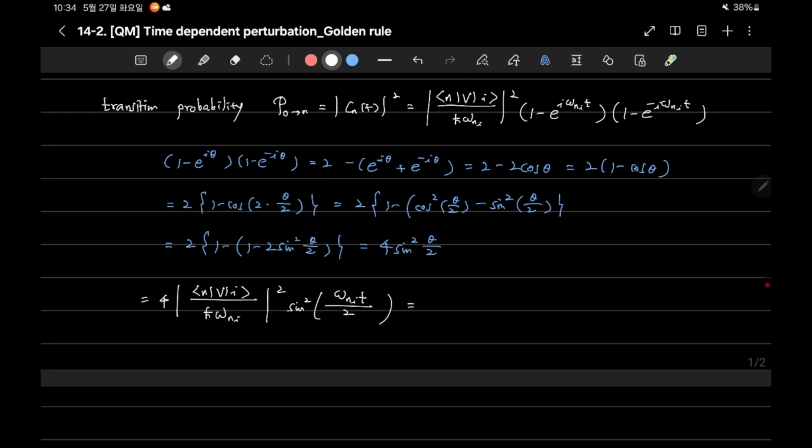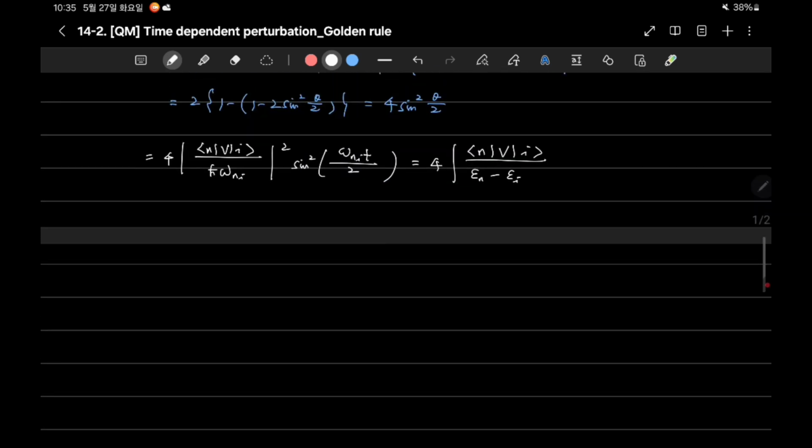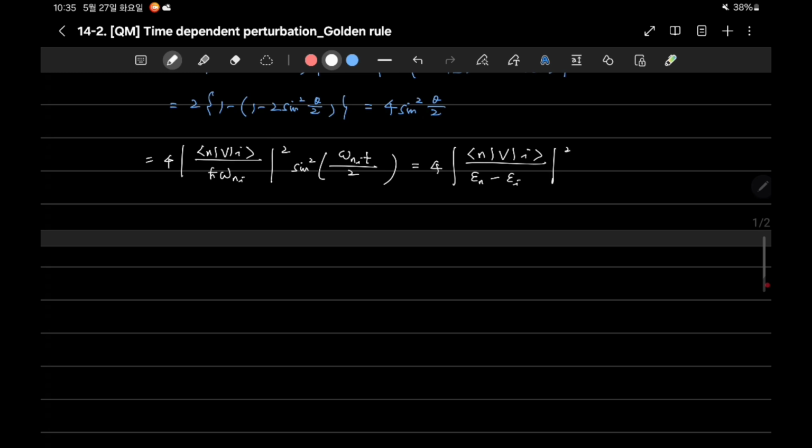In explicit form, it is 4 |n V i|^2 over (epsilon n minus epsilon i) squared, sine squared of (epsilon n minus epsilon i) t over 2 h bar.